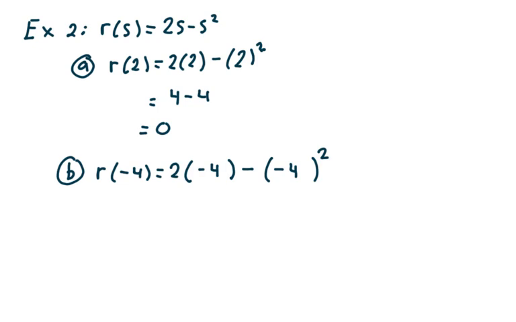Now, 2 times negative 4, that's negative 8. And then if I take negative 4 and square it, I get 16. And you guys have a calculator, right? Negative 8 minus 16 ends up being negative 24.